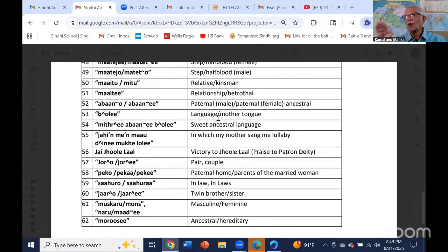Did you see the whole verse has got boli, loli, mitri, boli, maudini mukhe loli. That one verse that he sang, after that there was clapping continuously in that big Sammelan. And I was impressed by that one verse.